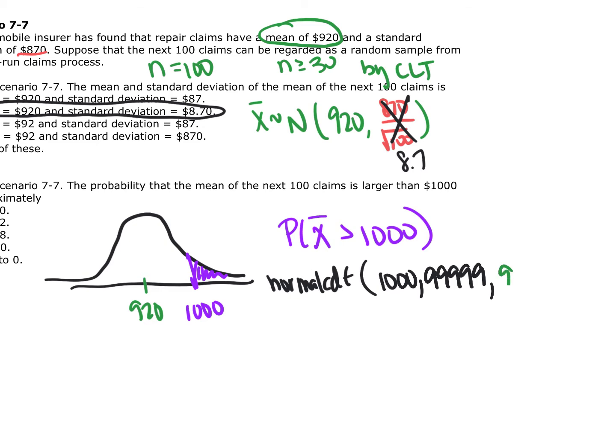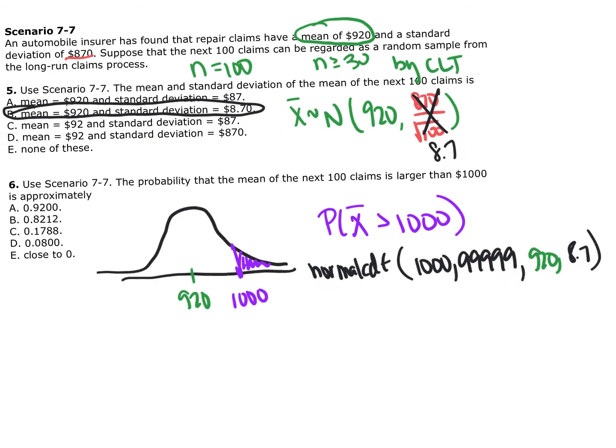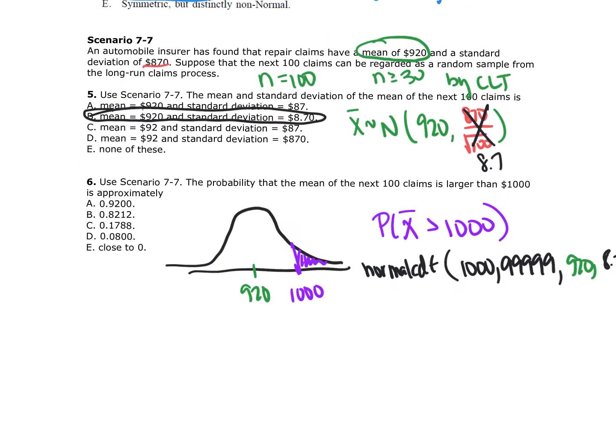The mean is 920. And the standard deviation here, or the standard error, which we calculated earlier, is 87. So when we calculate this value, we're going to get a value that is very close to 0 here. As a matter of fact, you actually might get 0 in your calculator. And so the answer here is going to be E.